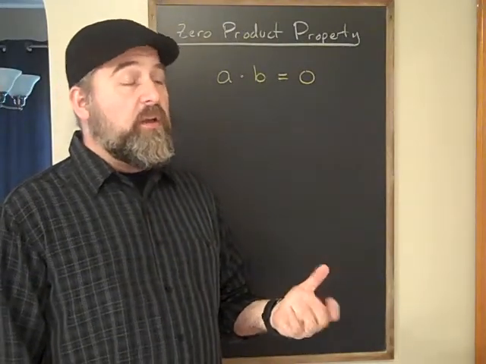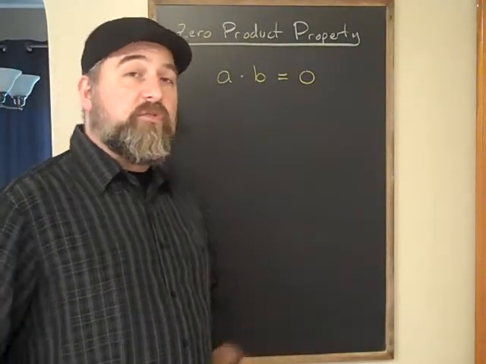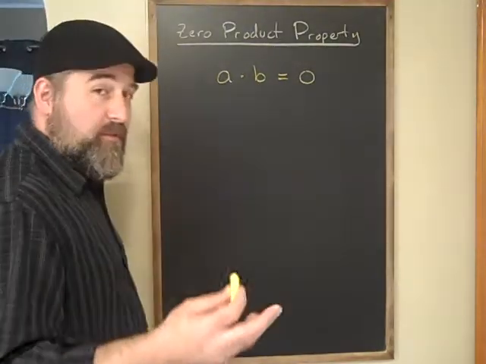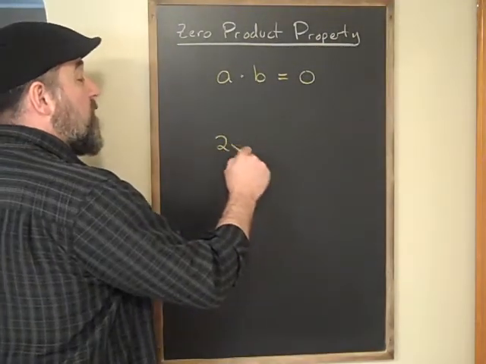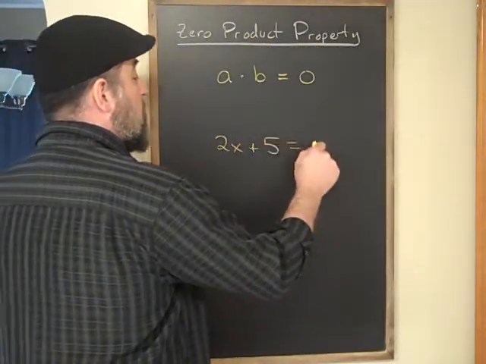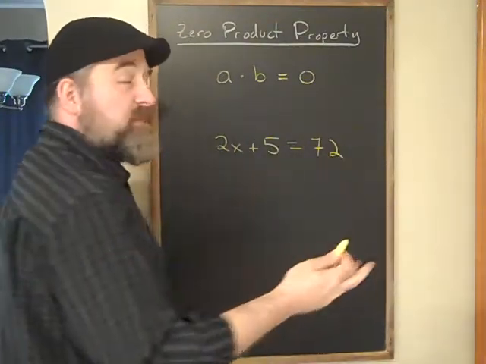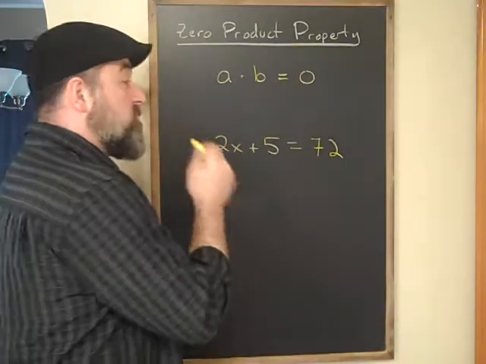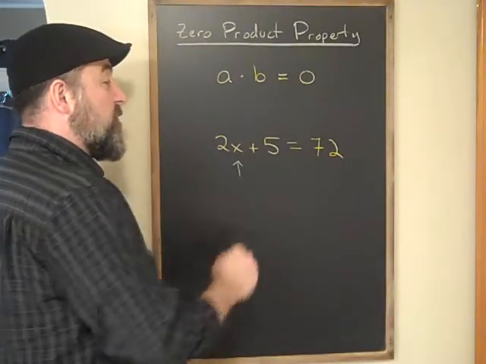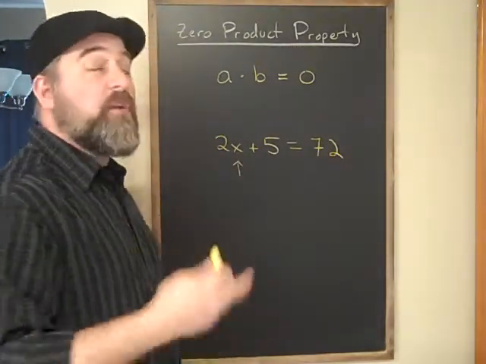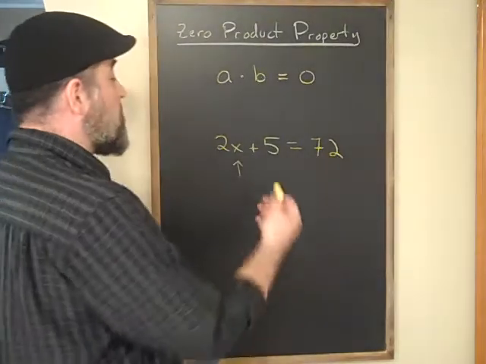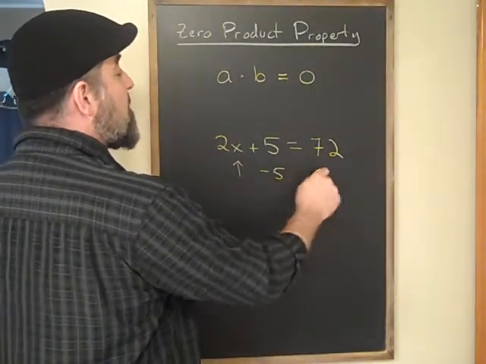The normal tactics you use for solving equations that are linear, so an equation like 2x plus 5 is equal to, I don't know, 72, something like this. The way you solve this to get the value of x is you undo everything that's happening to x. You use inverses. You get x by itself.